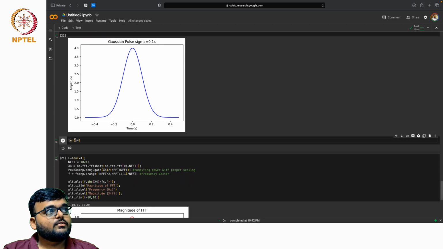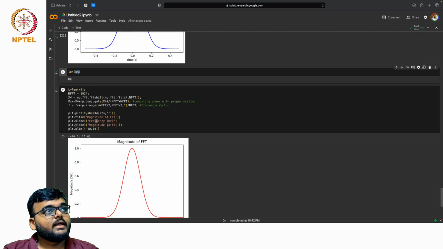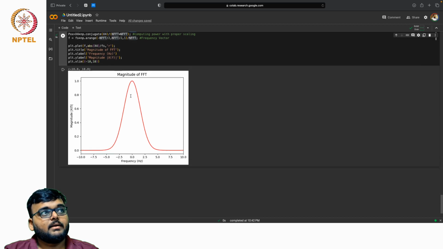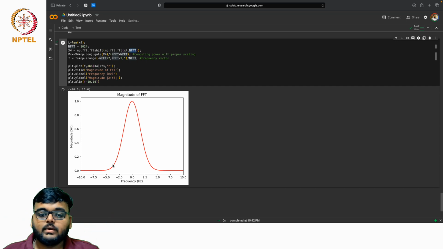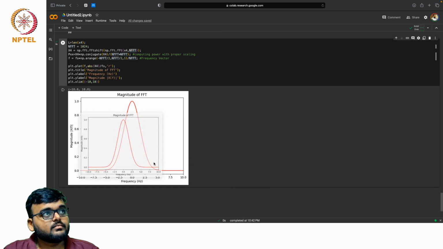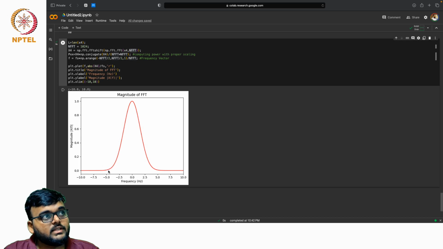So len of x4 is 80, but we are computing the FFT in 1024 points. Now what will happen? It will extend the actual signal with zero padding on both sides. It will have zeros on both sides and create this kind of graph. So here you see the zeros extended, but the feature is Gaussian only.